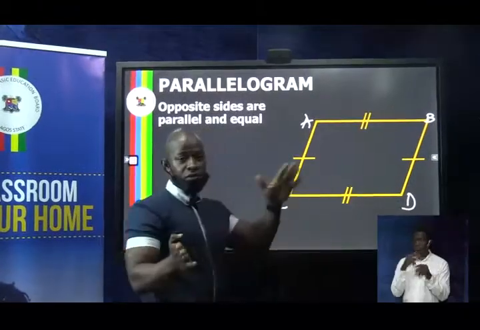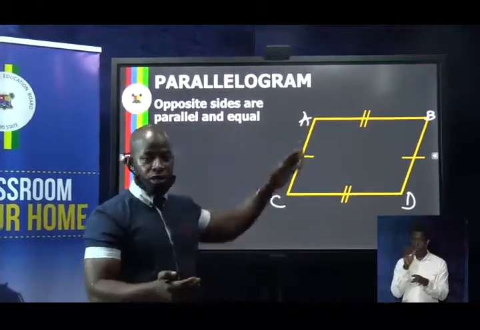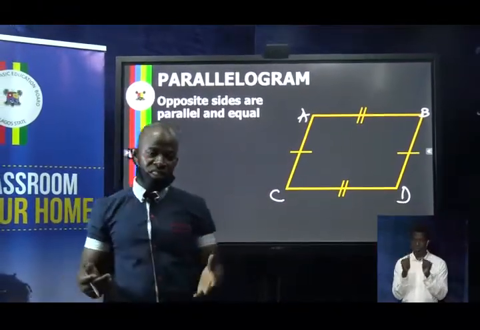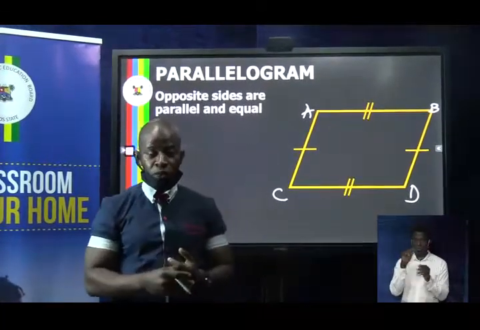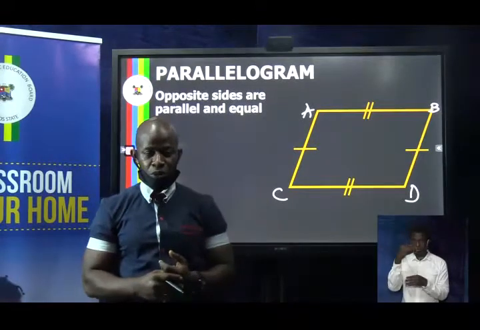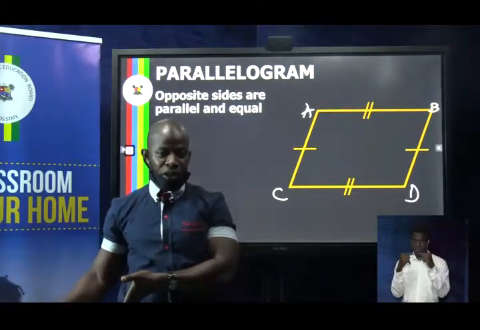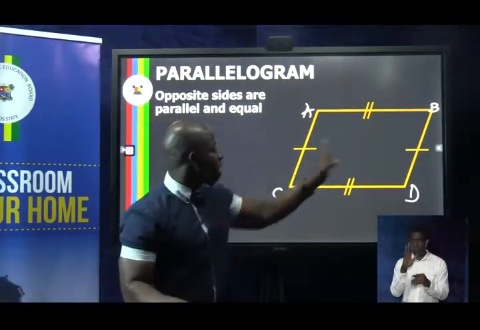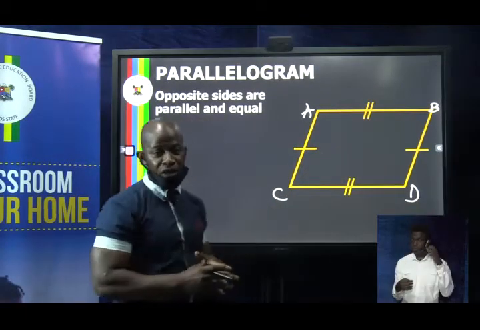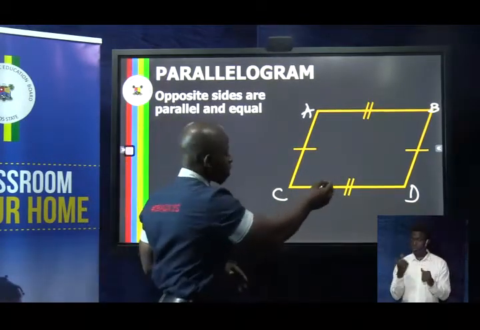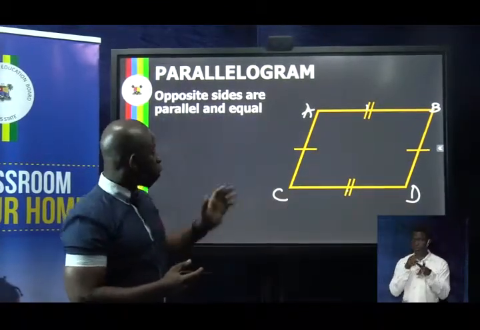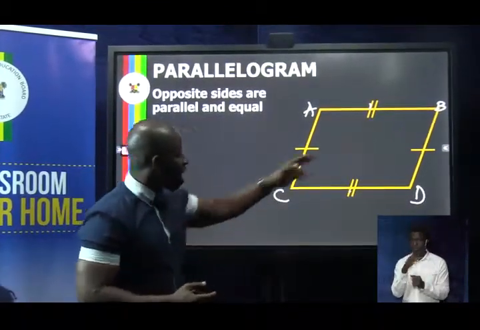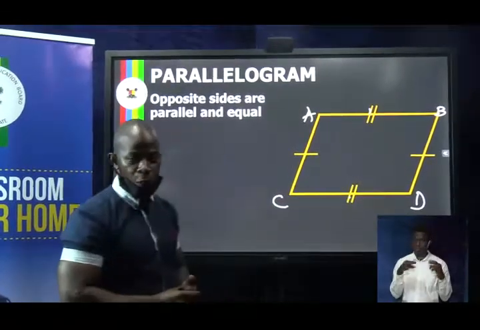They are looking at each other from the outside, they are not touching. They are opposite each other. If you are sitting in your classroom, the person that you can see directly in front of you is sitting opposite you. That person is not by your side. So AB and CD are opposite each other. If somebody were sitting here and another person sitting there, they would be looking right at each other. Also, AC and BD are opposite each other.